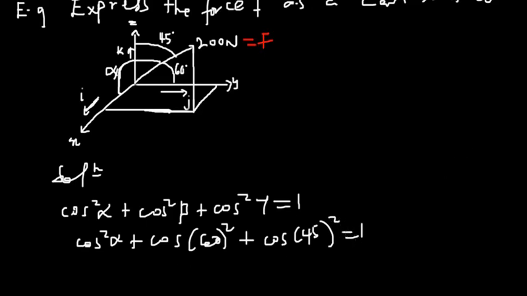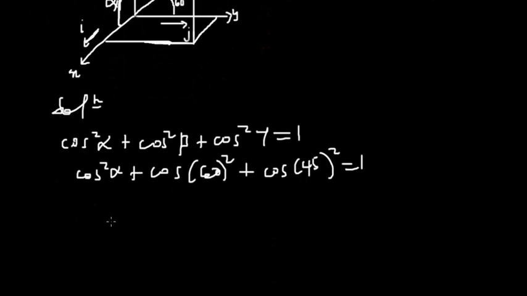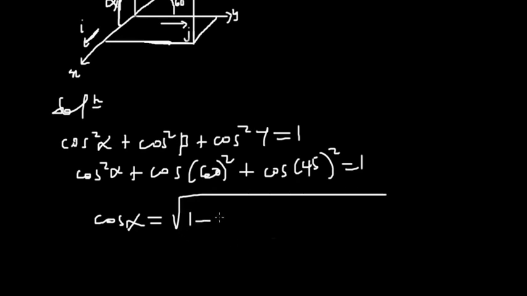To find alpha, you just make alpha the subject. So we have cos alpha equals the square root of 1 minus cos 60 squared plus cos 45 degrees squared.